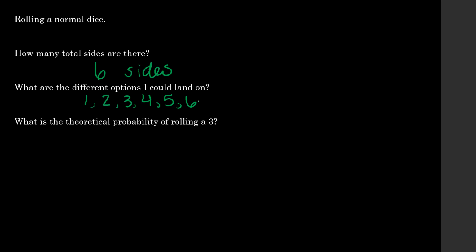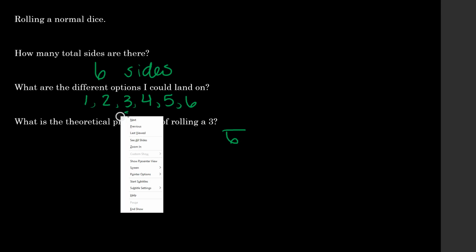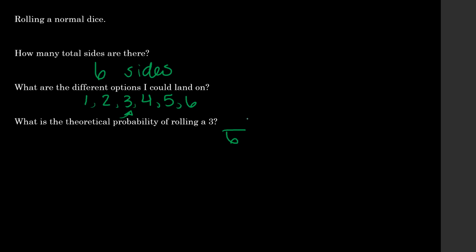Okay, so there are 6 total options that I could roll, right? So that means 6 is the total, so I'm going to put 6 on the bottom. Now, a probability of rolling a 3. When I look at the different options that I could roll, only one of them is a 3. So that means I can have a 1 out of 6 chance of rolling a 3.